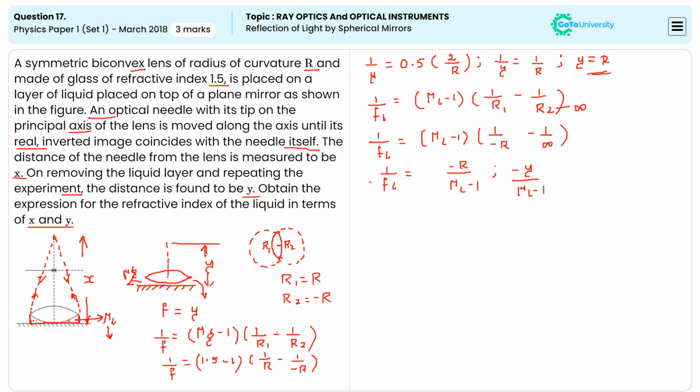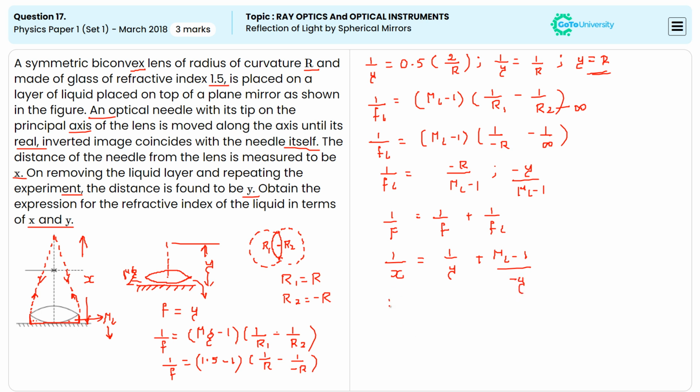Then the total focal length, I am going to write as 1 upon capital F is equal to 1 upon f plus 1 upon FL. We know the value now. The total focal length, for the concave and convex combination, is equal to x. That is 1 upon x is equal to 1 by y plus mu L minus 1 divided by minus y.